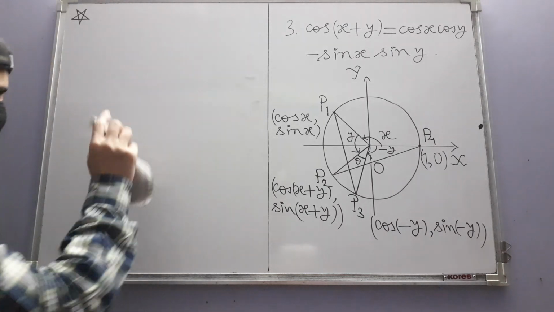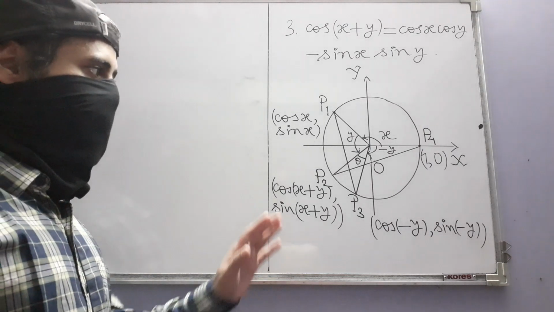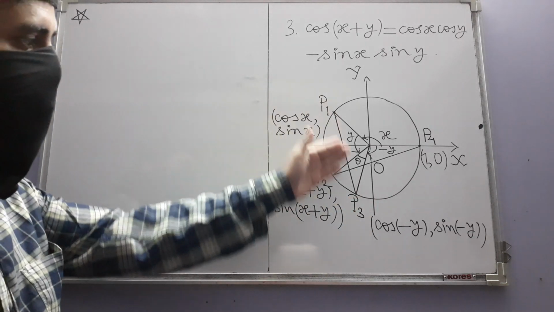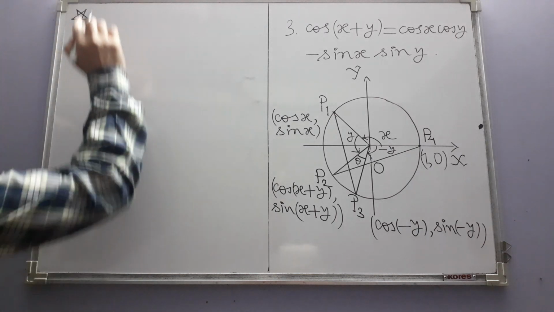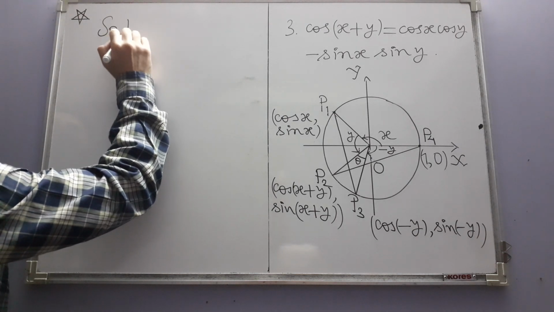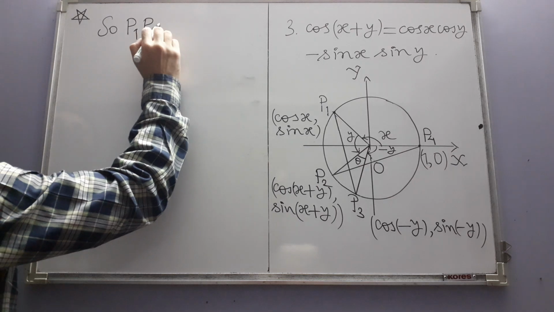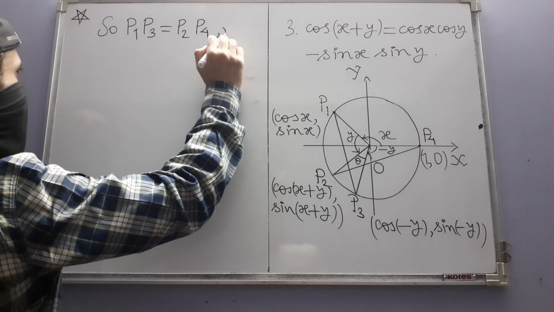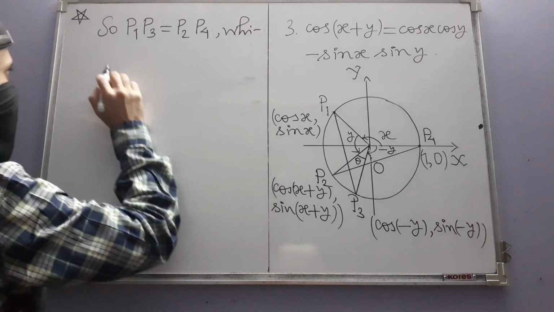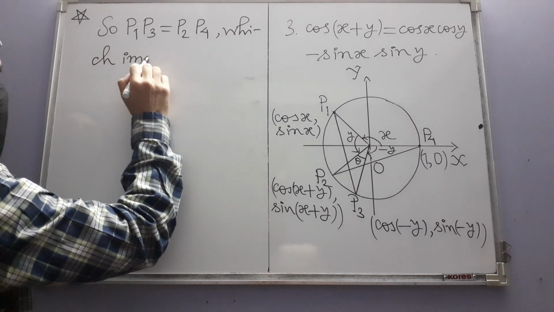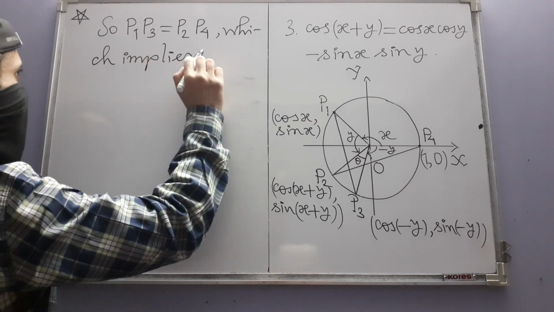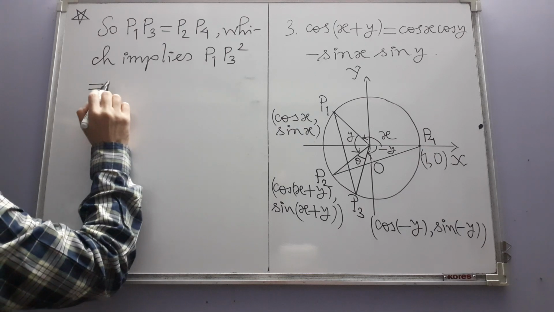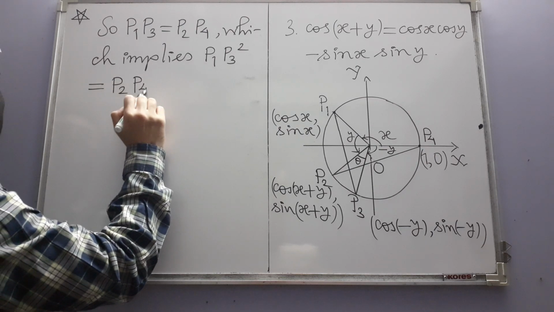So now that we have understood the triangles are congruent, let us use the fact that P1P3 is equal to P2P4, which implies that P1P3 square is equal to P2P4 square.